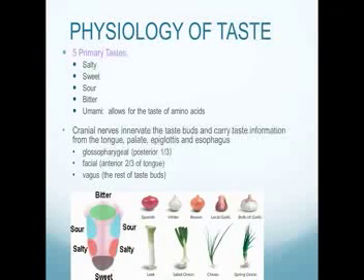And it would make sense that if you were to damage any one of these taste buds or any one of these nerves, you may not be able to taste appropriately. So if you've ever seen, maybe some of you going into the clinical realm might have a patient that has had damage to any one of these cranial nerves, they may lose some of that ability to taste one of those five primary tastes.